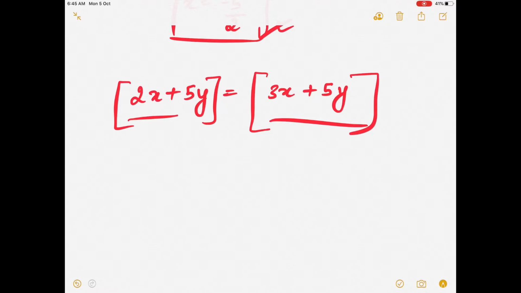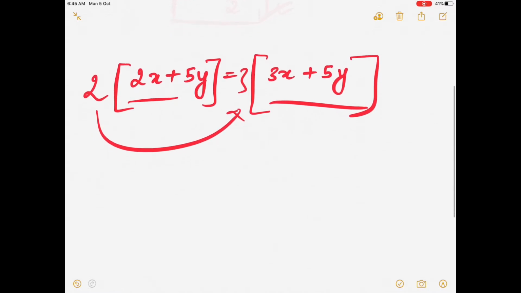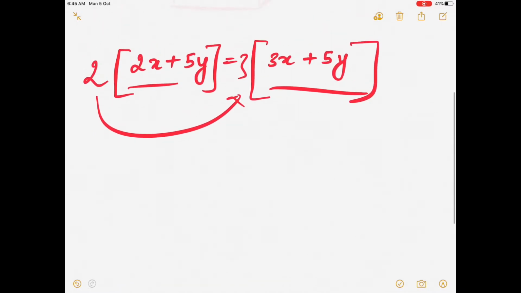You will multiply both the sides with the same number. You cannot multiply with 2 here and 3 here. You have to multiply both the sides with 2 or with any number, but you have to multiply with the same number. This was just an example. This was not a question, so the answer may be wrong.